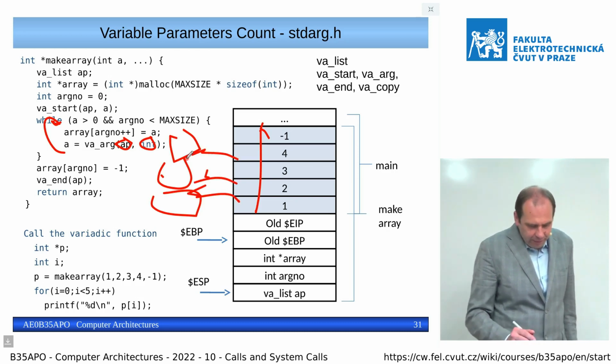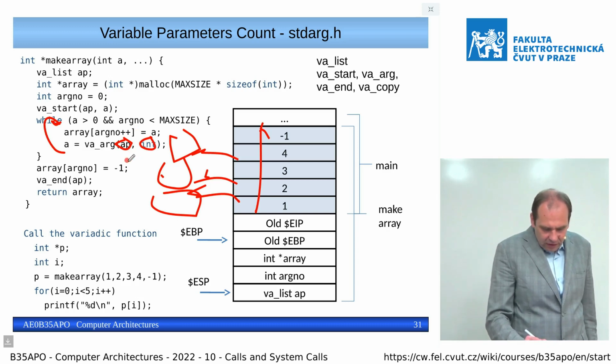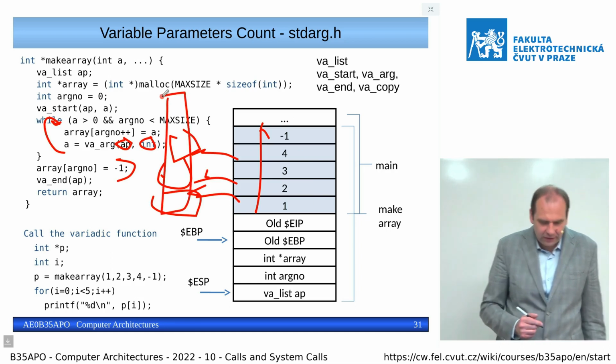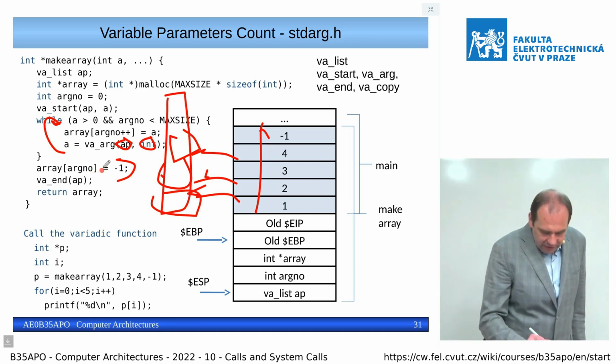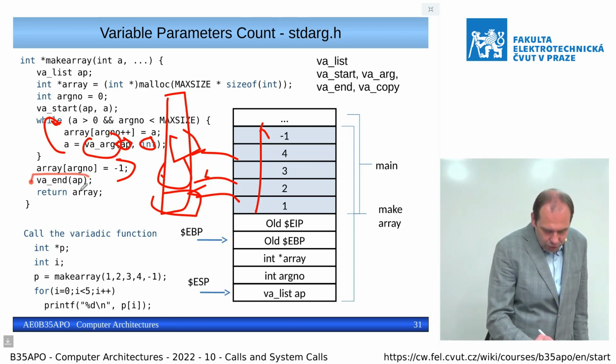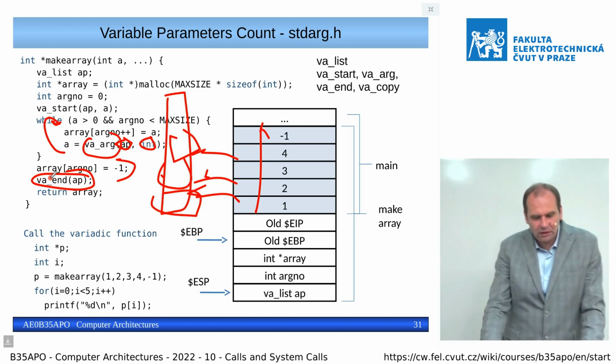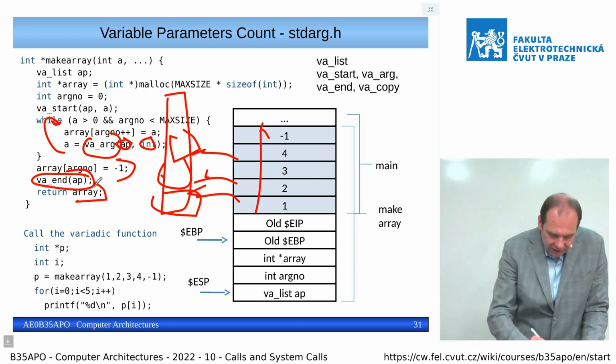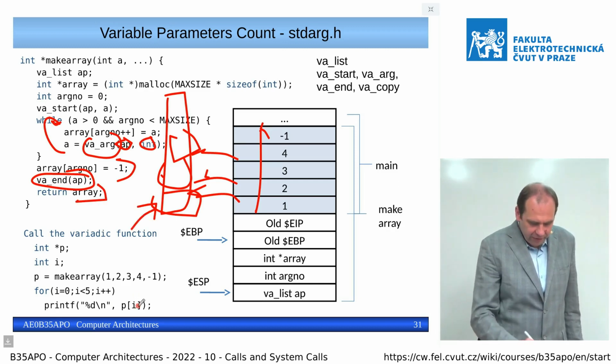In this case, we put -1 even at the end of that allocated array. And what is important, if we iterate over the arguments, we should finalize the iteration by the va_end macro. Then we return a pointer to this array, and we can print it.